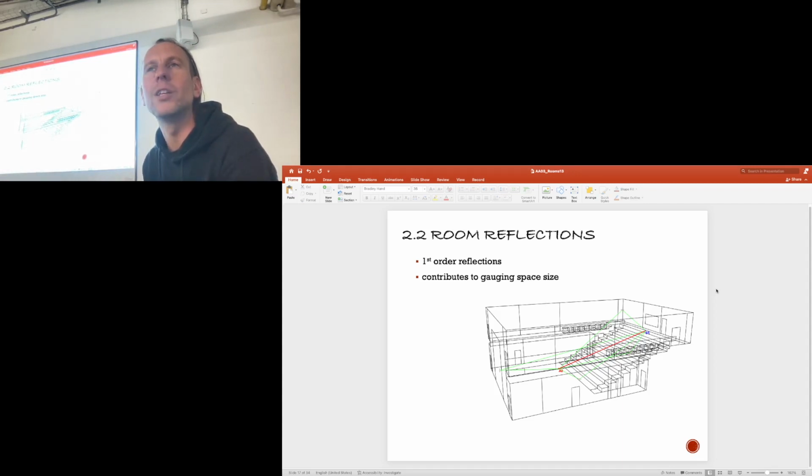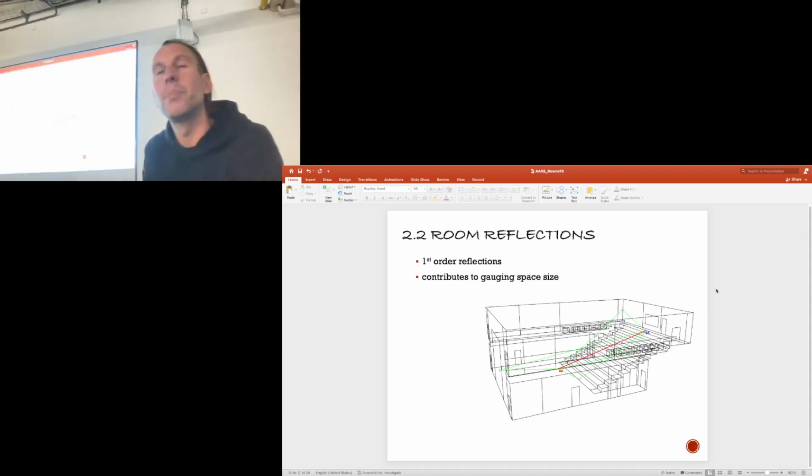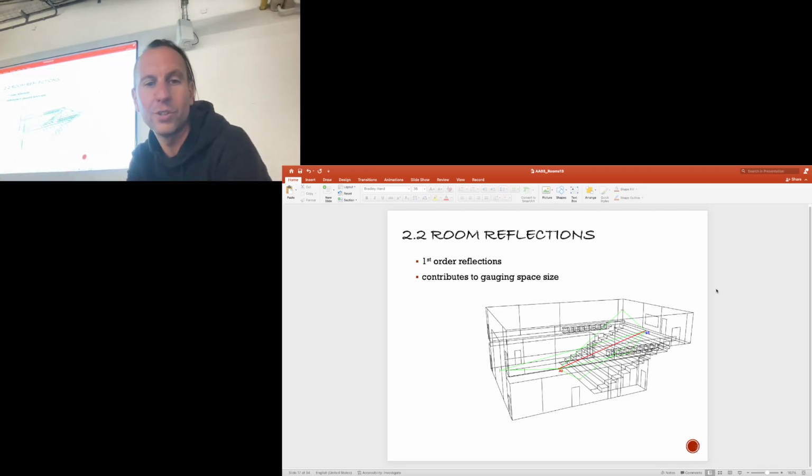But well noticed, it actually does depend on the directivity of source and receiver in that sense. Because if I don't receive anything from the back, then that wall is off. If the source is unidirectional, then that back wall is off. So there could be variation, but technically it is the amount of boundaries that will determine the amount of first order reflections.